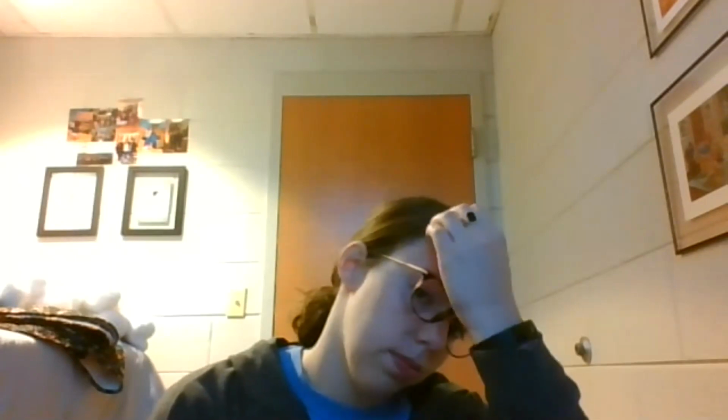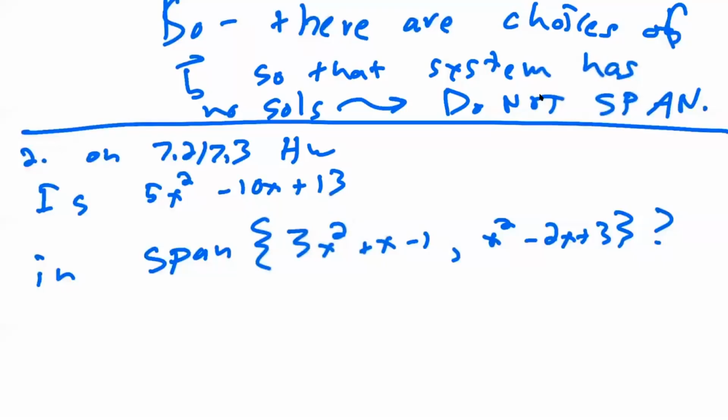All right, so this is my question, right? Is this particular vector, this polynomial, in the span of these two things?